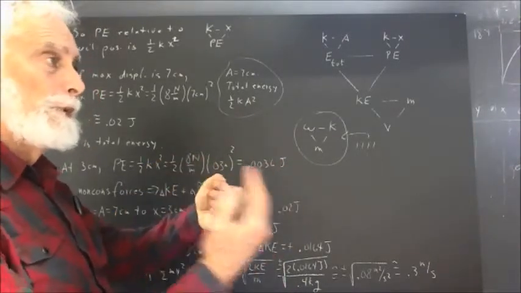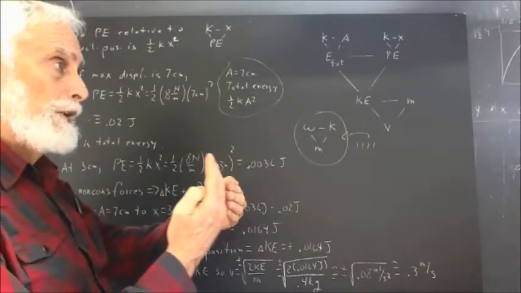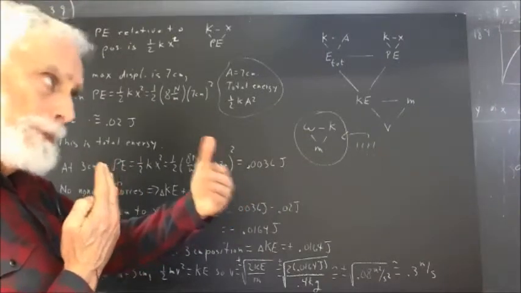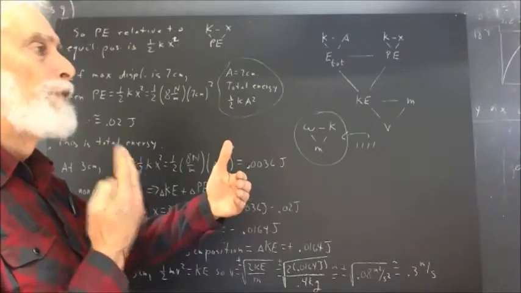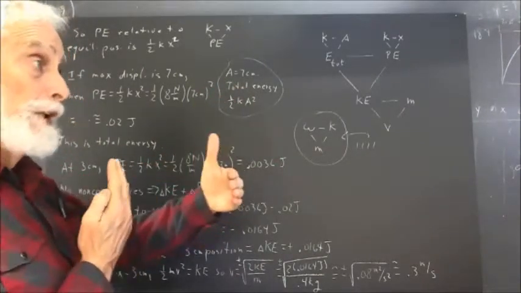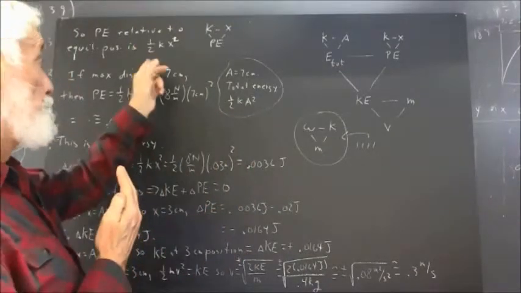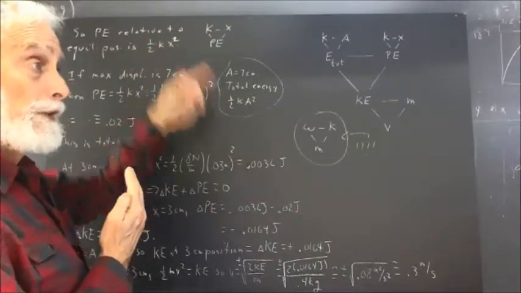It passes through equilibrium, where its maximum velocity occurs, as we'll see, and then it slows down to the maximum distance on the other side. Velocity is 0. Here we are at a maximum distance, at distance A. The potential energy is 1/2 kA squared. No argument with that. Just plug x equals A in here, and you get 1/2 kA squared.